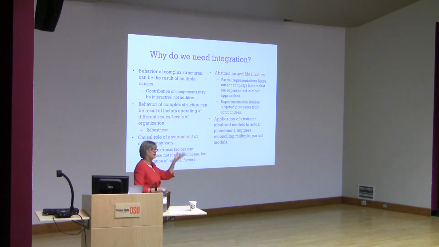And this is what people call robustness of systems. And then the environment certainly plays a very important role, and the context in which a particular object resides will influence how the object behaves.